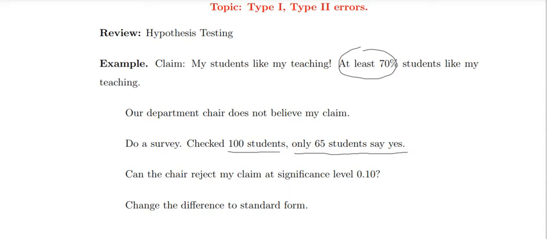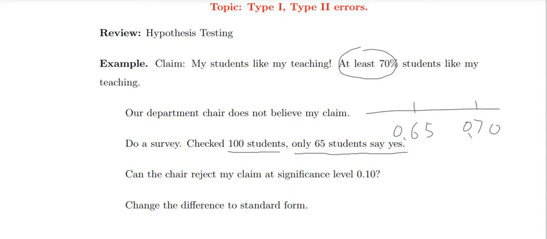Okay, so here we have some difference in percentage. I claim 70%, 0.70, but from data only 65%. So we have a 5% difference. We need to determine whether this difference is big or small.